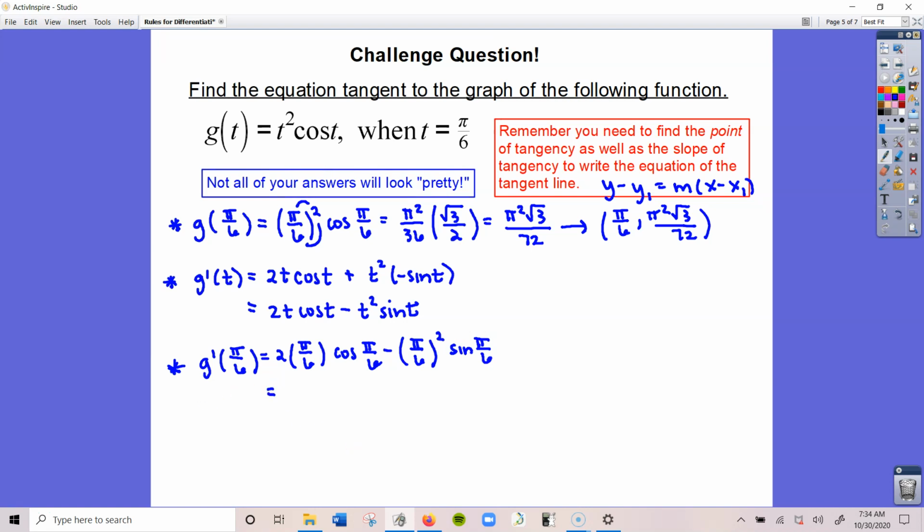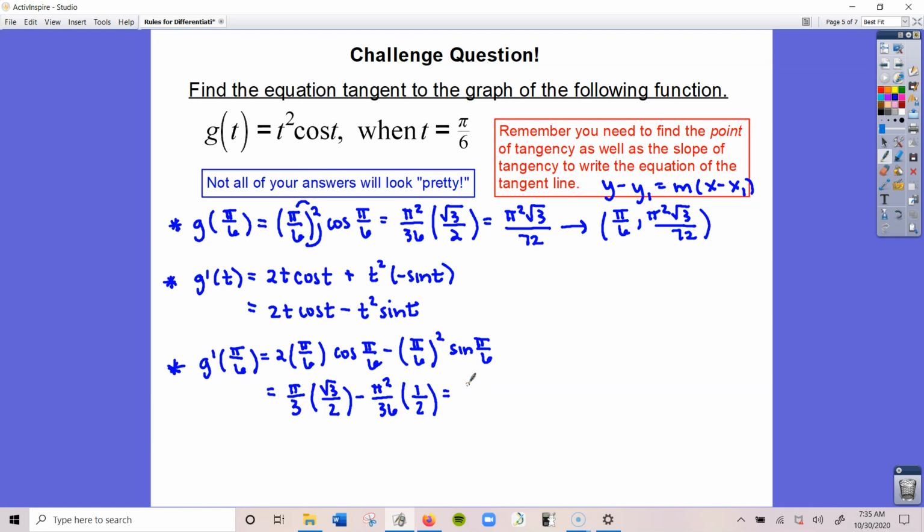Let's simplify this a little bit. 2 times pi over 6 is 2 pi over 6, which is pi over 3. The cosine of pi over 6 is square root of 3 over 2. Minus pi over 6 squared, as we already established, is pi squared over 36, times the sine of pi over 6, which is 1/2. Let's simplify this one more time.